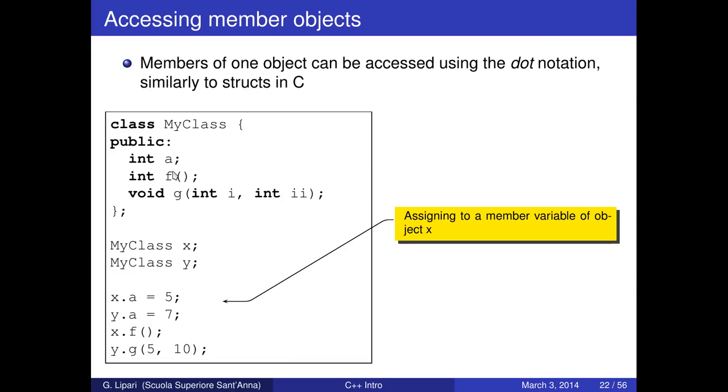Okay. And I can call a function f by saying x.f, or function g by saying y.g. Okay, of course x and y are two objects of type myClass.